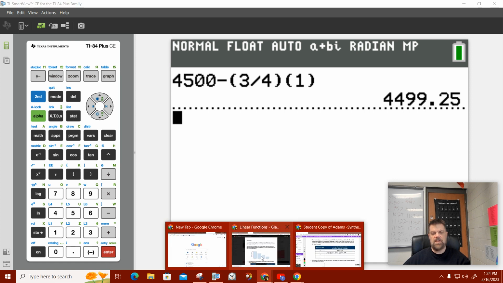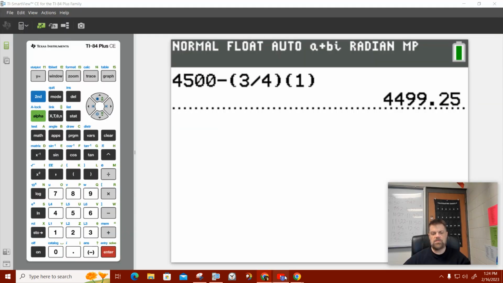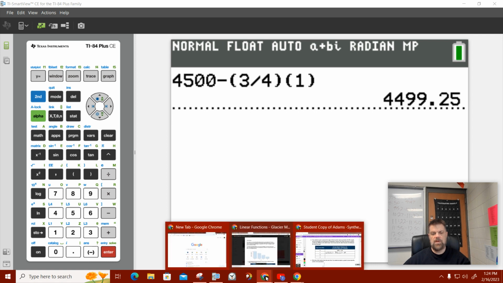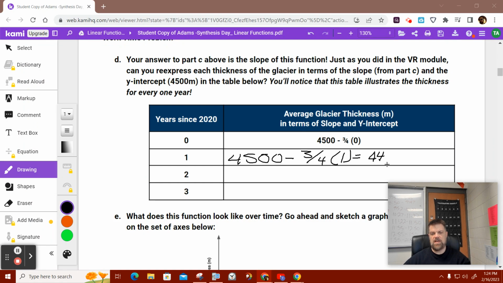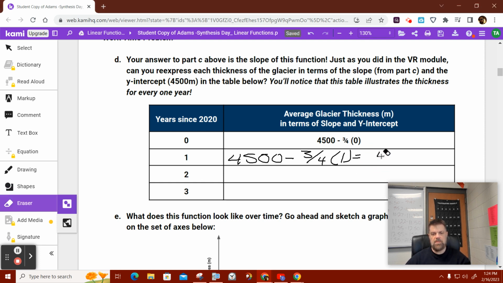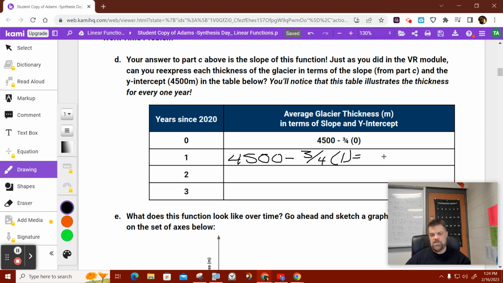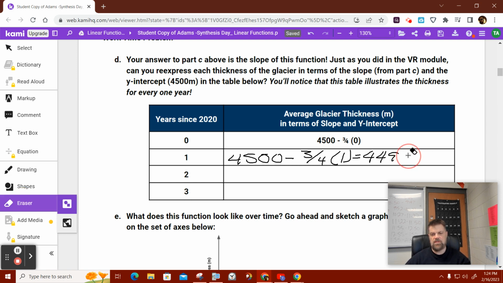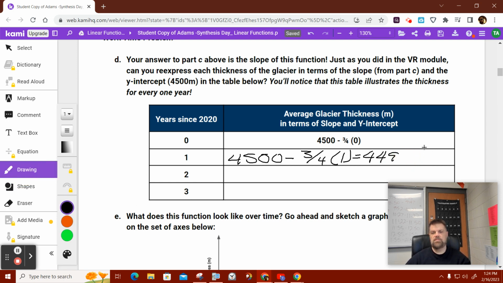What we're doing is, let me pull this down. So that's horrible penmanship on my part. So this is 4499.25, not 4495. 0.25, okay?